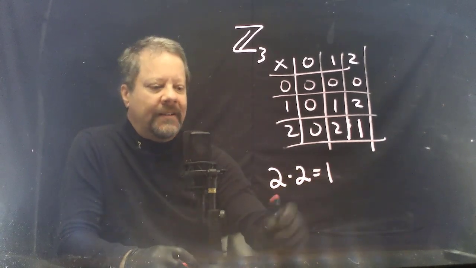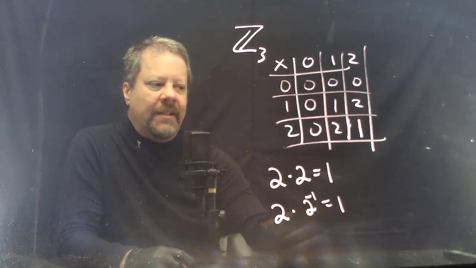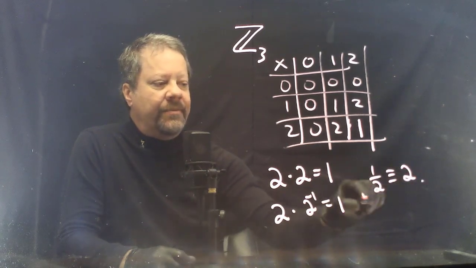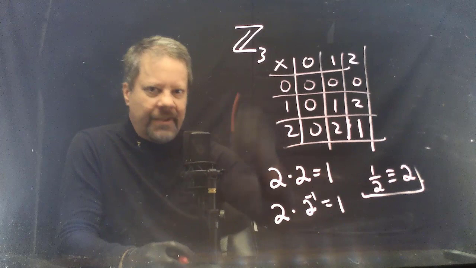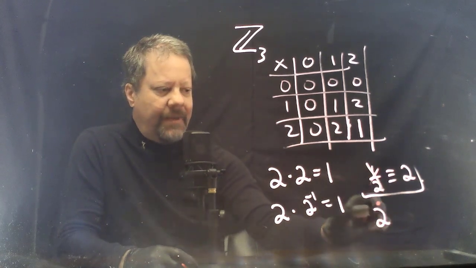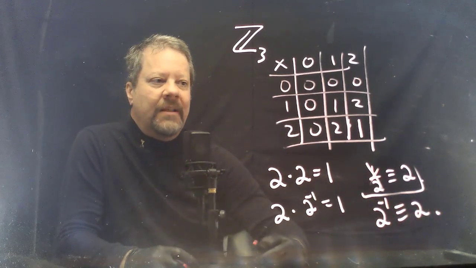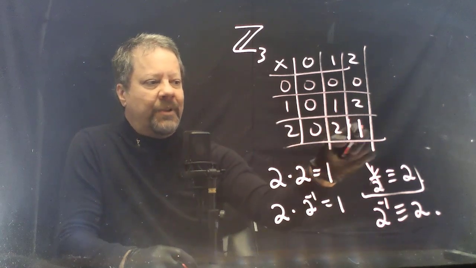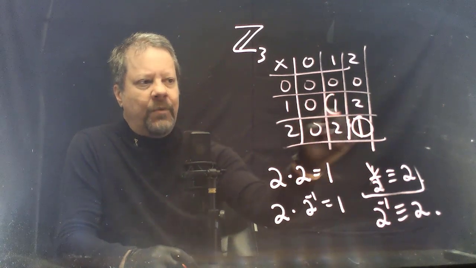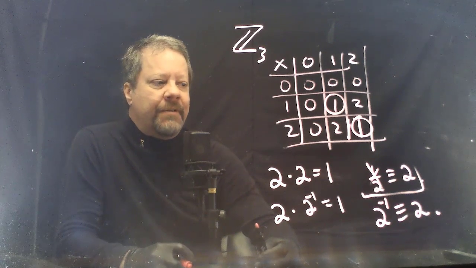Normally, 2 times its multiplicative inverse is 1. So in this case, 1/2 will be the same as 2 in this modular arithmetic. Technically, I shouldn't write it as 1/2. I should write it as the multiplicative inverse of 2 is 2. In this case, you can see that 2 has a multiplicative inverse because you can have 2 times something equals 1. 1 is, of course, its own multiplicative inverse, and there is no multiplicative inverse for 0.